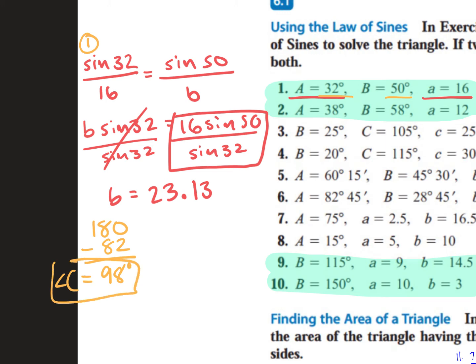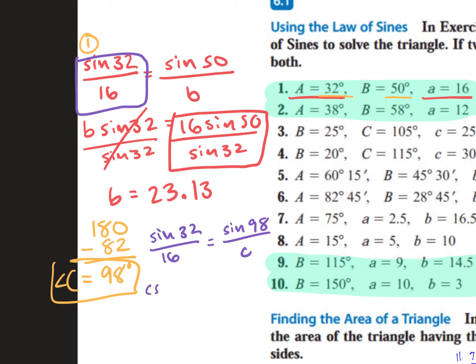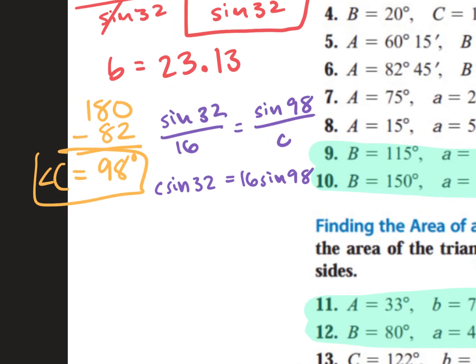Now I can use that to find side C. I'm going to keep my same proportion. So I have sine of A over side A is equal to sine of C over side C. I'm going to cross multiply. So I have C times sine of 32 is equal to 16 times sine of 98. I'm going to divide by sine of 32 on both sides.